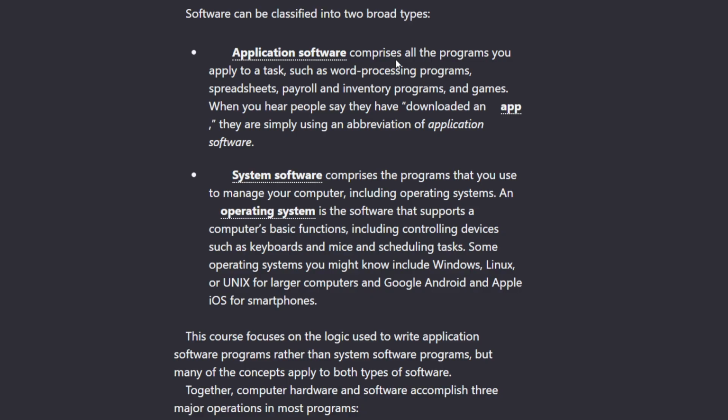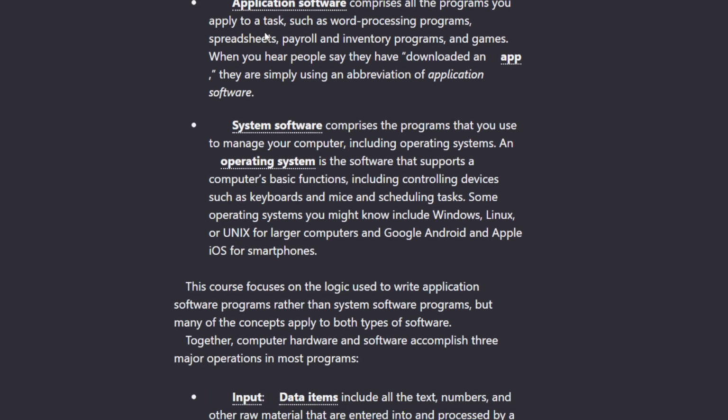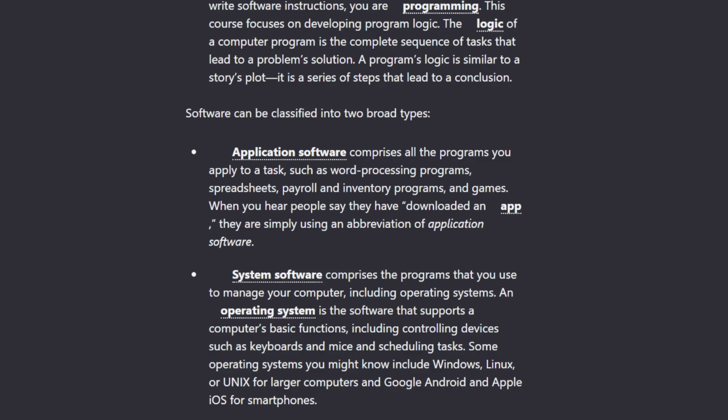When you hear people say they have downloaded an app, they are simply using the abbreviation of application software. Application software are basically the ones in your phone and the ones that you regularly use in a computer.